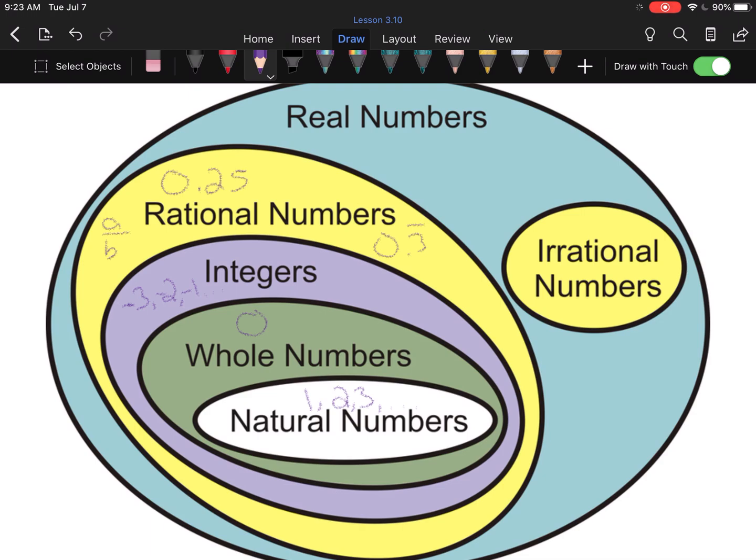Irrational numbers are pi and square roots of NPS, non-perfect squares. In other words, if it's a square root and you can't tell me what it is, like root 300 from our last lesson, that's an irrational number. An irrational number is technically defined as a decimal that never ends and never repeats. For us, that means pi and the square root of non-perfect squares.